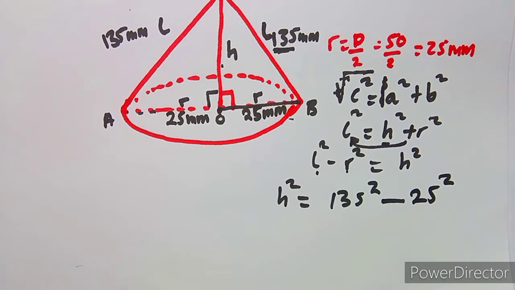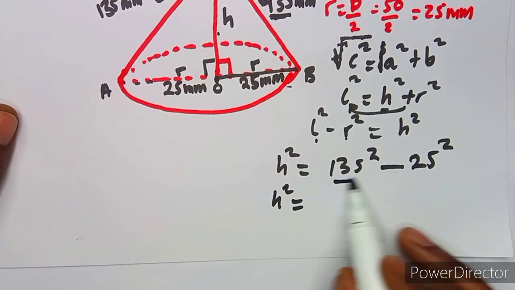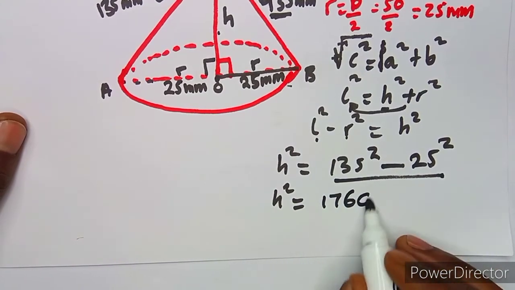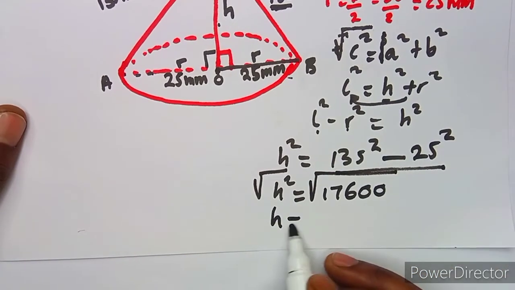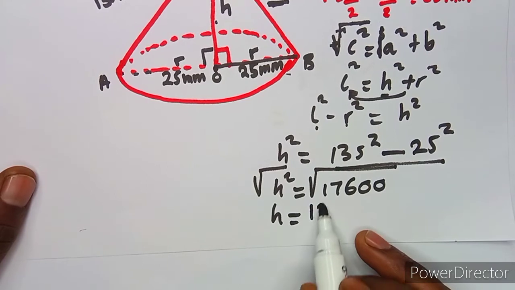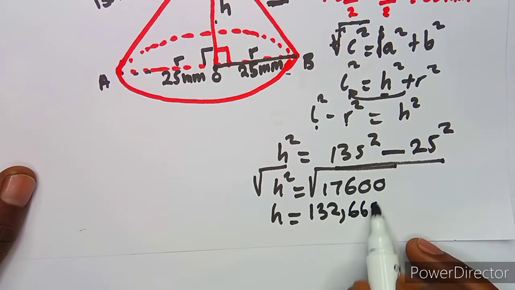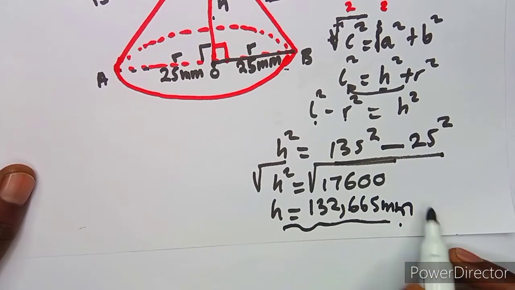We can use our calculator. h squared will be equal to 17600. Then square root both sides. Our h, if you round off, is going to be 132.665. These are in millimeters, so this will be our height, in millimeters.